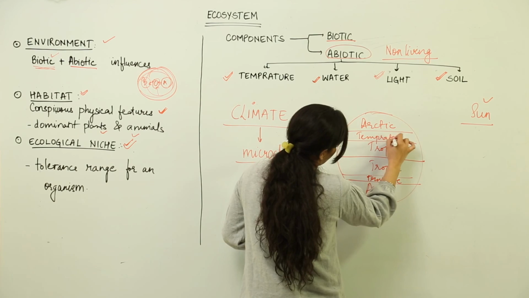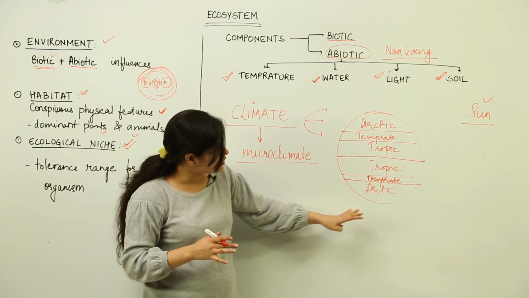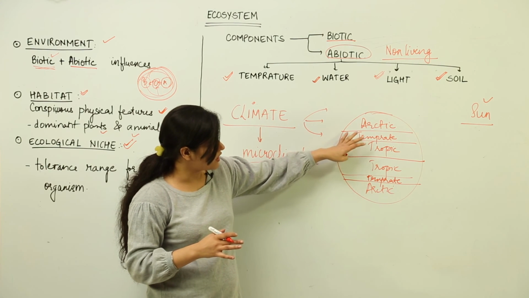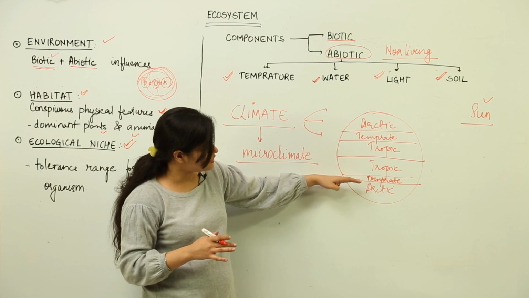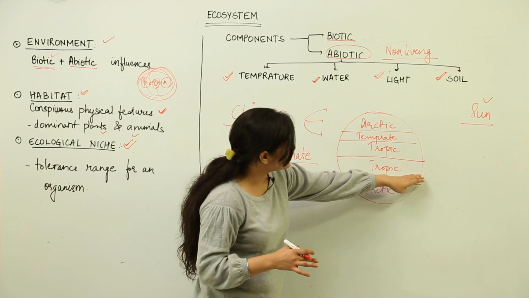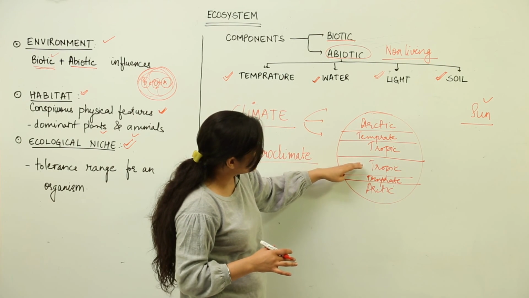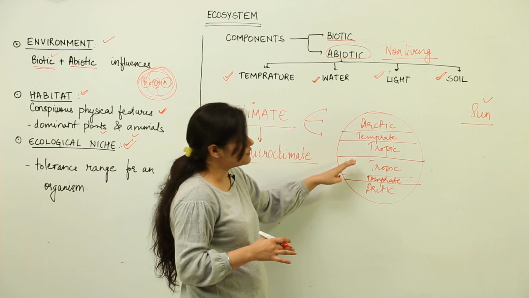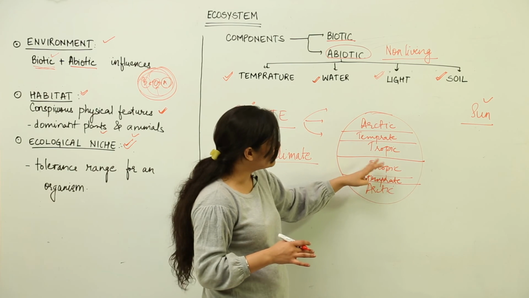Microclimate would vary from place to place, in fact from every place, but in a gross way we have Arctic, temperate, tropic, and both the Arctic regions, and all this depends on how the sun rays are falling on Earth. This region receives maximum sunlight, so it has the maximum of ecosystems which are interacting. So if somebody has to study ecology, this place would be heaven for him or her to understand the ecological interactions.